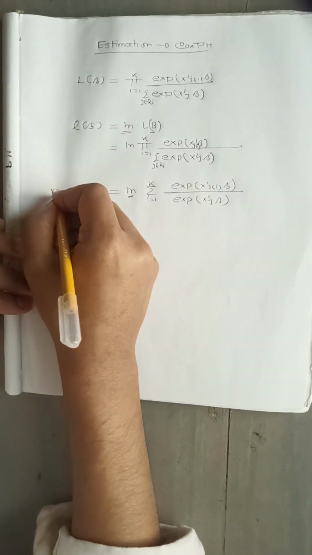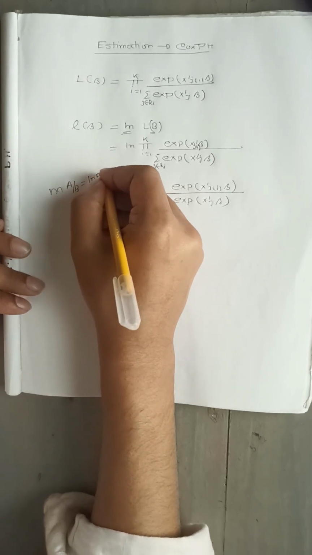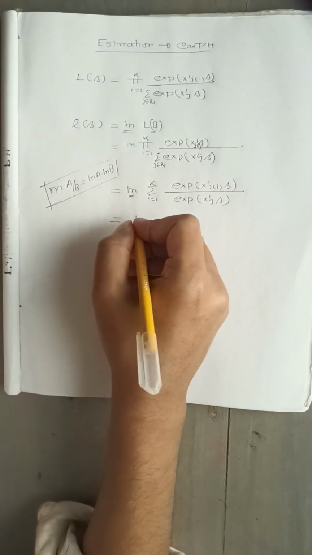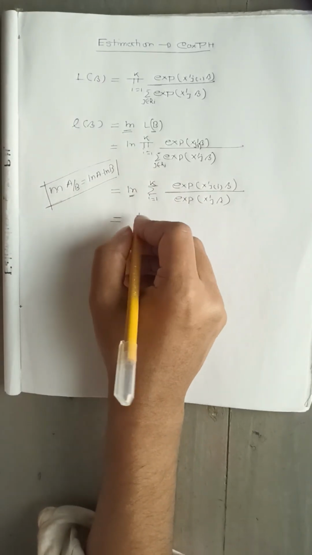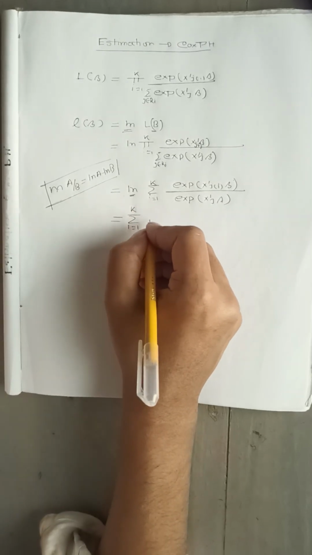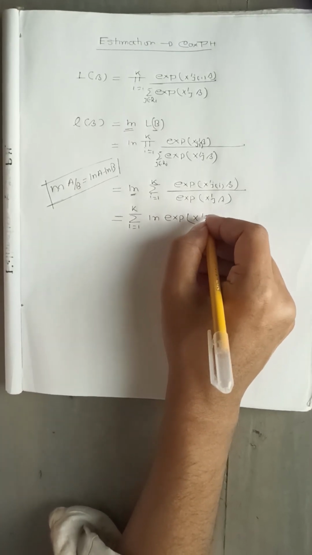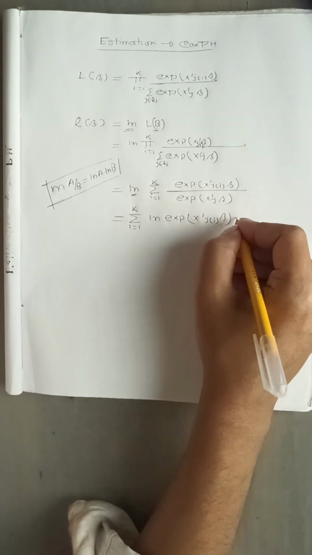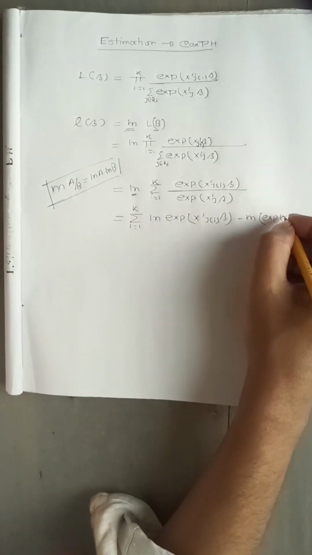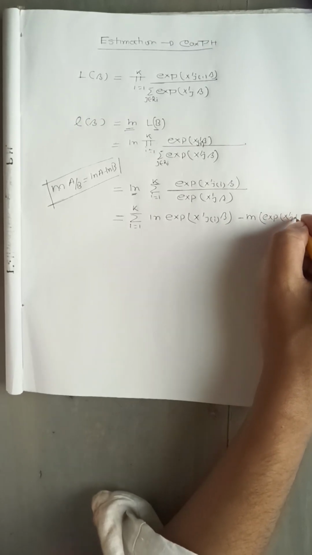See, ln of a divided by b is ln a minus ln b. That's the formula that we learned. When I apply this here, I will come up with the sum from 1 to k of ln of exp(x'_{j_i} β) minus ln of the sum of exp(x'_j β).